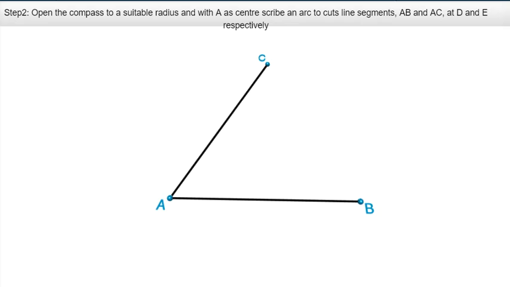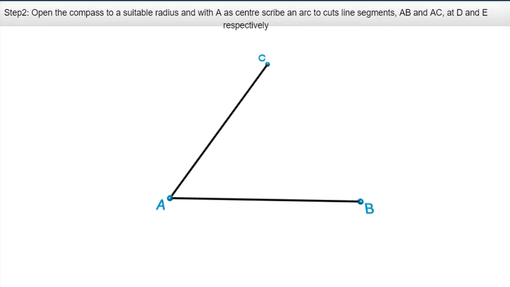If it's too narrow, then your construction is going to be too small. So we want to use a suitable radius. If you're using 5 or 6 centimeters, a radius of 3 centimeters is good enough. But in general, suitable means that you're going to have to make a decision, make a judgment.